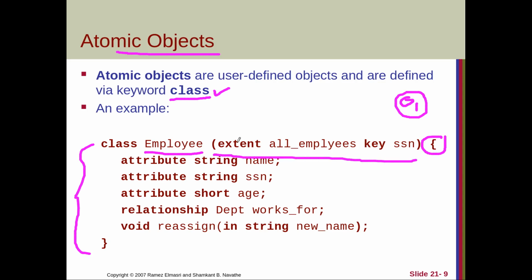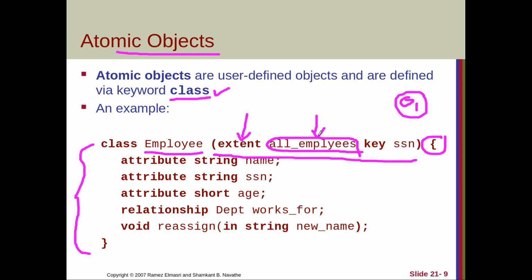Within brackets I am using a keyword called extent, not extend, it is EXTENT. While defining a class, normally we use extent, and I give a name, all underscore employees. A name is given for the class employee, that is all employees. So extent all employees.